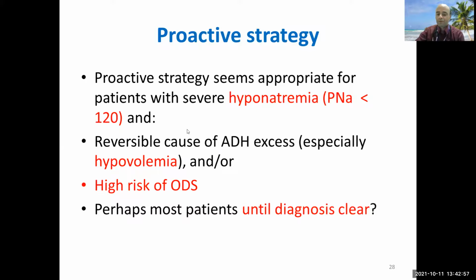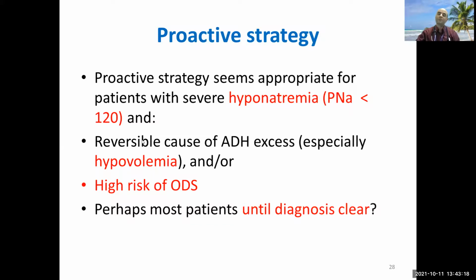Because if you correct the hypovolemia, as I mentioned before, you will shut off ADH secretion, and the patient starts to be polyuric, you will lose more diluted urine and water, and give a chance for sodium to be overcorrected. You should lock this patient if they are at high risk for osmotic demyelination syndrome. What will I do if I don't have DDAVP?